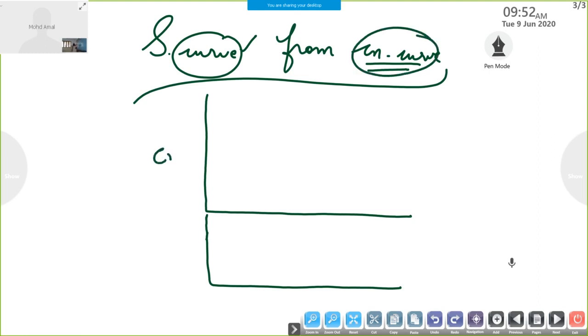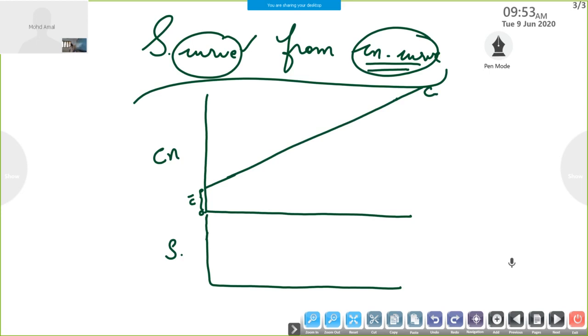So first one, consumption, here we will get saving curve. Already we studied consumption curve is an upward sloping curve. Income increases, level of income increases, consumption also rises. It has a minimum level of consumption, that is why it starts from Y-axis. This is consumption curve.